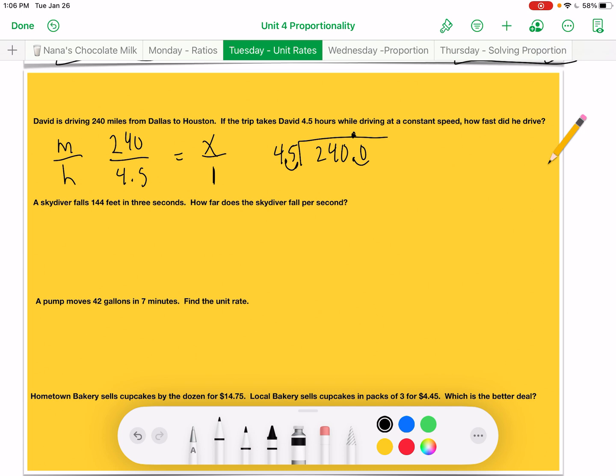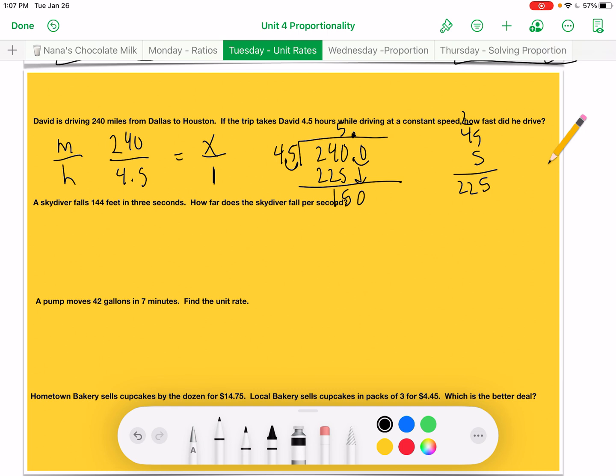Okay, 45 will go into 240. How many times? 5. 45 times 5 is 225. If I subtract that, I'm going to get 15 and bring down my 0.